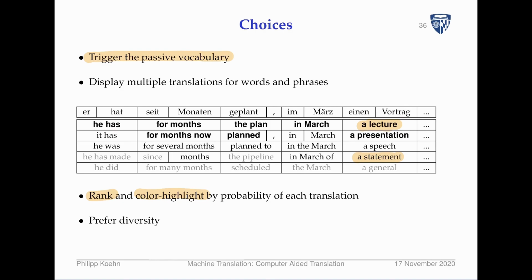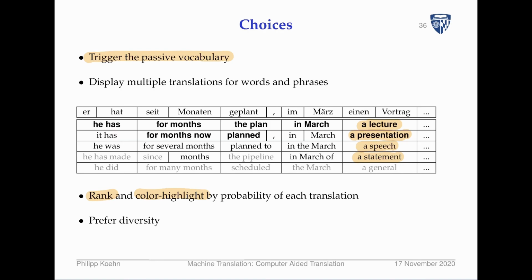But these are not words you would think of when you author text yourself. Think about it. There are all kinds of obscure words that if you read them, you say, oh yeah, I know what you're talking about, but these are not words you would use or confidently even retrieve from your memory. But if you show them, in this case, things like a lecture, a presentation, a speech, maybe you only thought of one of them, and now we're showing you multiple ones.